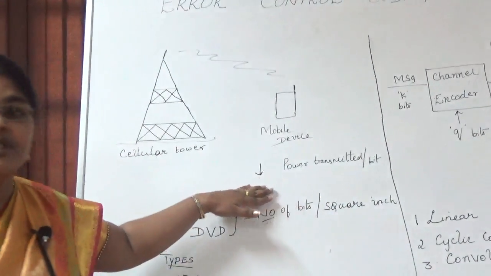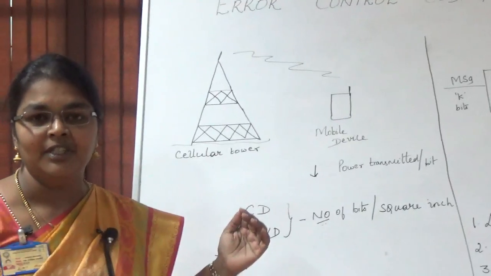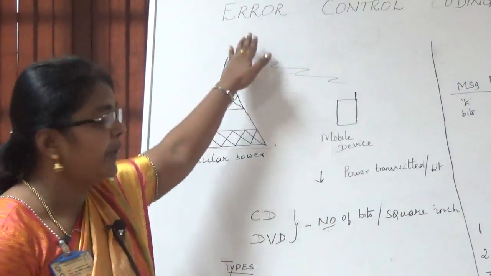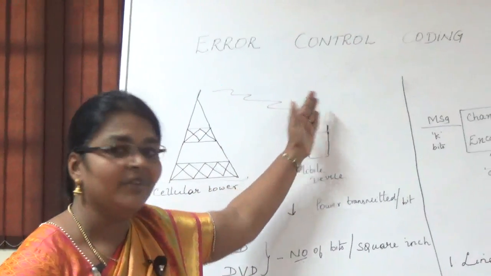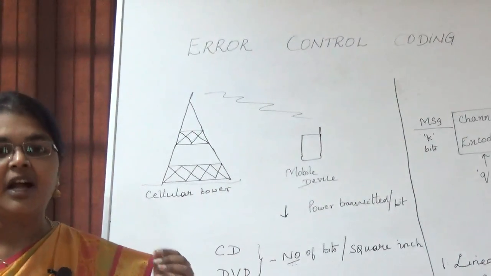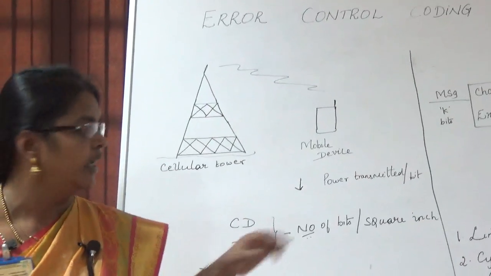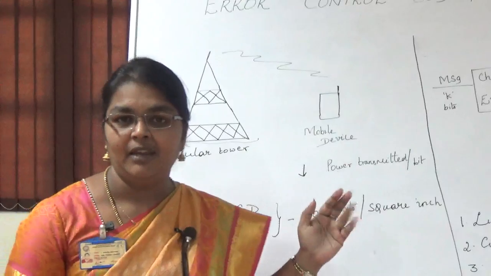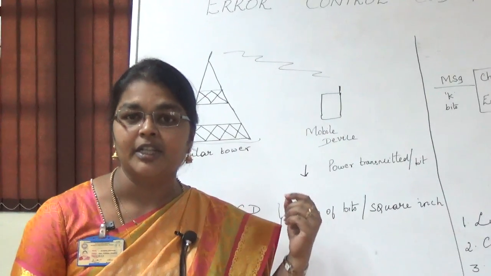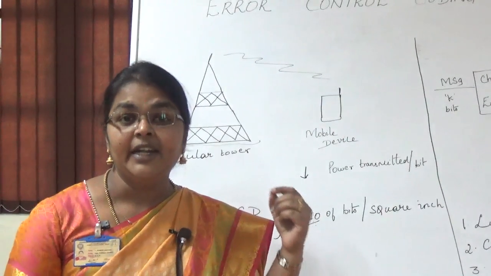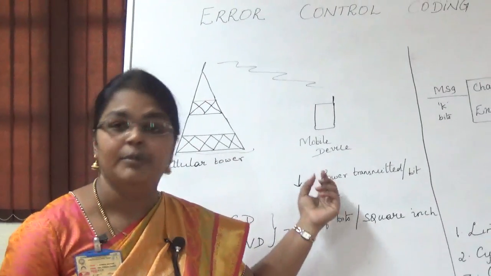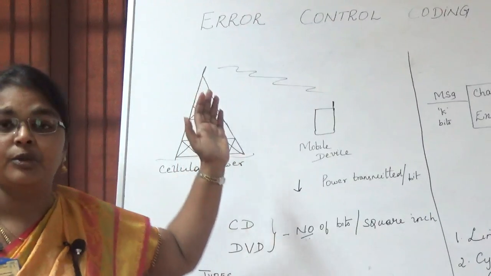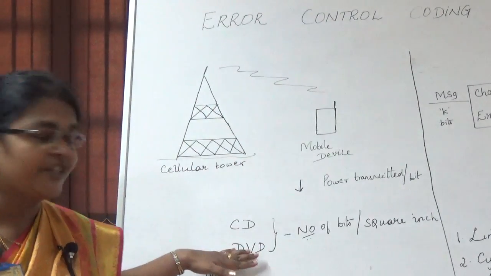Once I reduce the power, I can have the life of the battery for a longer time. By applying error control coding, what I can achieve is a 9 dB improvement in the power transmitted per bit. So once I say a 9 dB improvement, a 10 times power decrement will be obtained.